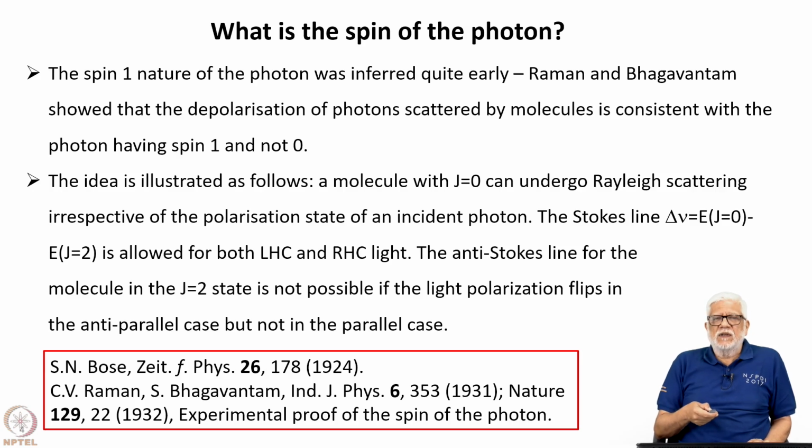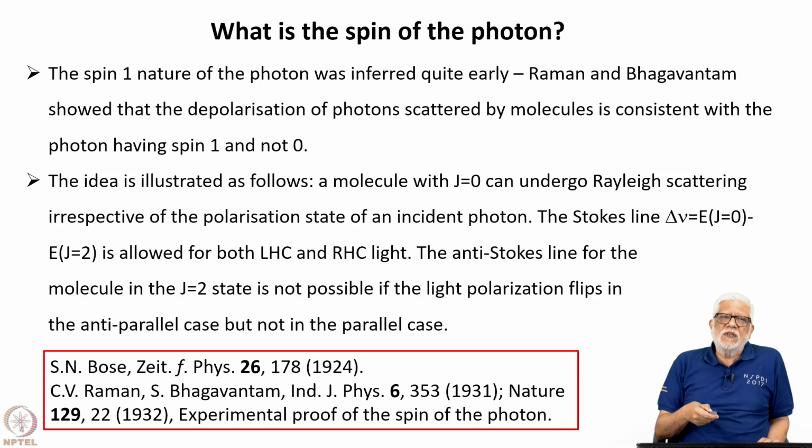Later, Compton did his experiments where he scattered a photon off an electron, and you were able to show that the photon also has momentum given by E/c, which explained what is now known as Compton scattering. So, we knew that the photon has energy hν and momentum hν/c.